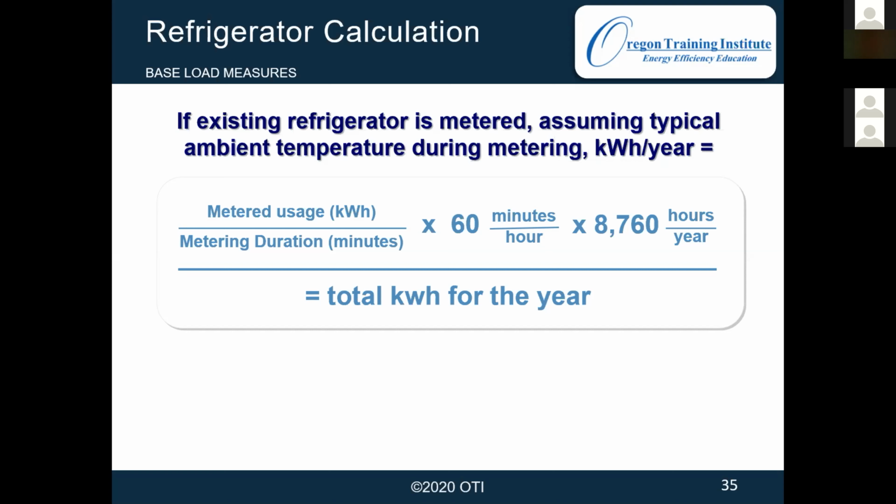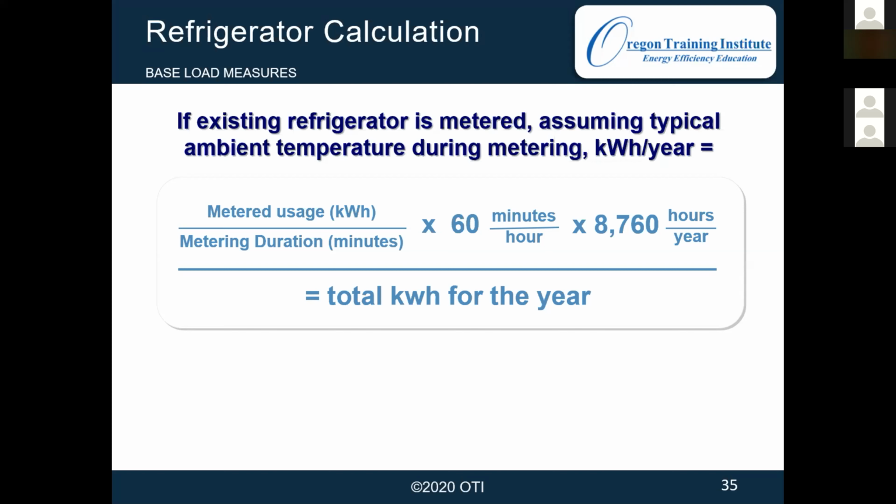Then once we know how many kilowatt hours it uses per minute, it's basically just figuring out how many minutes are in a year. So 60 minutes an hour, 8,760 hours in a year. And then we've got the total usage for the whole year.